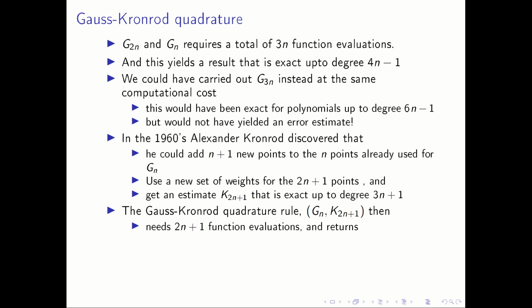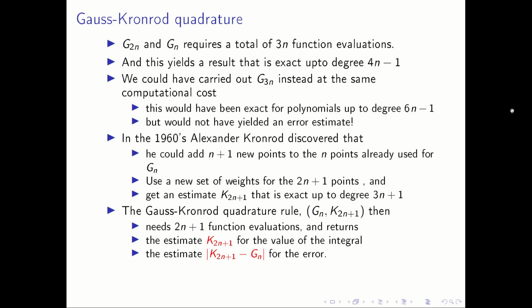So the functions have to be just evaluated 2n plus 1 times. You have to weight them differently, use different number of them, use all of them for the Kronrod, use roughly half of them for the Gauss quadrature, and then this returns an estimate for the integral, which of course is the one we are going to use as a more precise value, which is K2n+1. Also an estimate for the error, which is the difference between K2n+1, the more precise value, and the less precise value Gn.